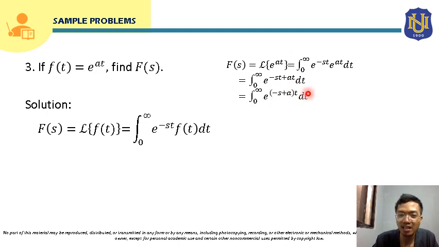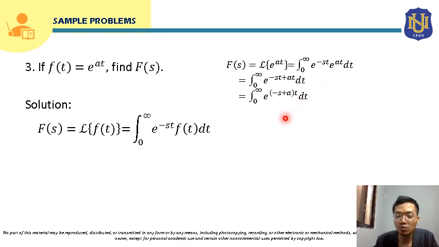We will integrate this with respect to t, since this is dt. Meaning to say, variables other than t are constants, so negative s and a here are constants. Integrating this, we apply our rule for integration of exponential functions.